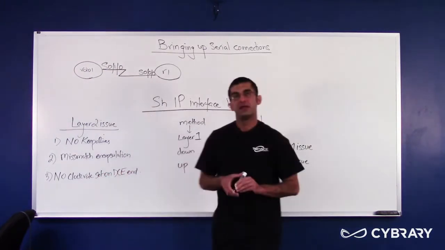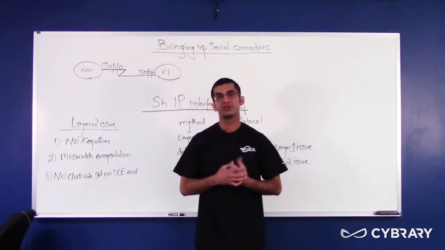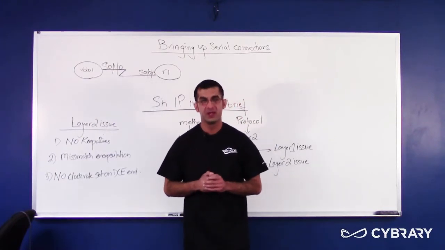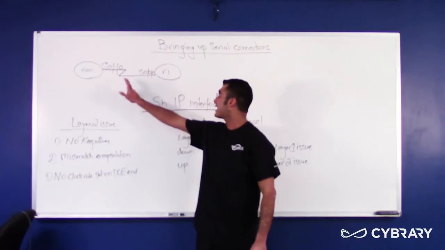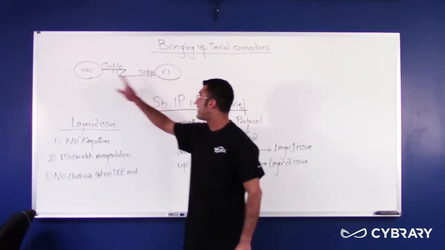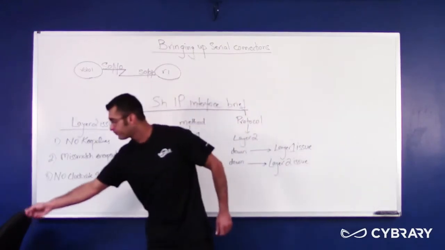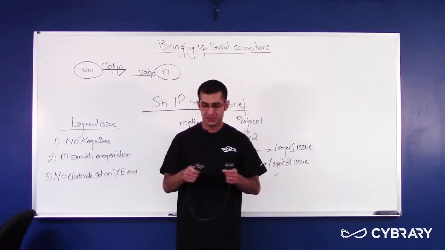DCE end. In the real world, as I said, a CSU-DSU, which stands for Channel Service Unit, Data Service Unit, will provide clocking. But in our lab, these two routers are connected back to back. This is what a serial cable looks like.